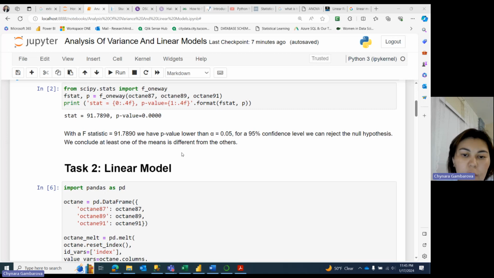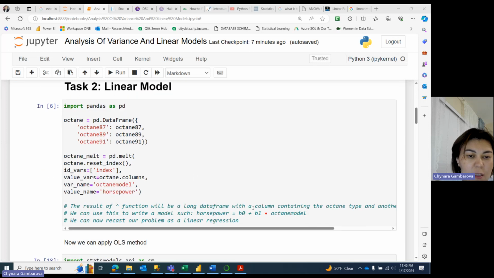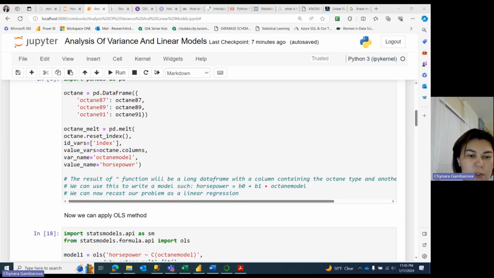Here, to have further details, we can use the linear model, and here we seamlessly go to the second task. We're applying the linear model. So first, we will try to build a model. So we will try to convert it.